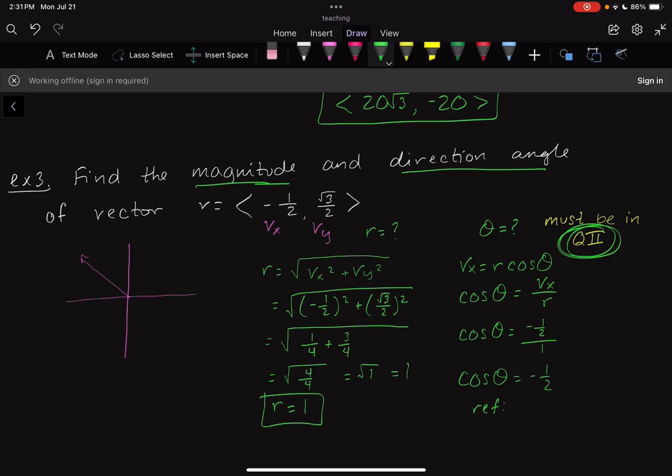The reference angle that would do this is 60 degrees. So if I come over here, I'm looking for the angle in quadrant 2 with a reference of 60. So I would do 180 minus 60, which would give me 120. So this tells me that theta is equal to 120 degrees.